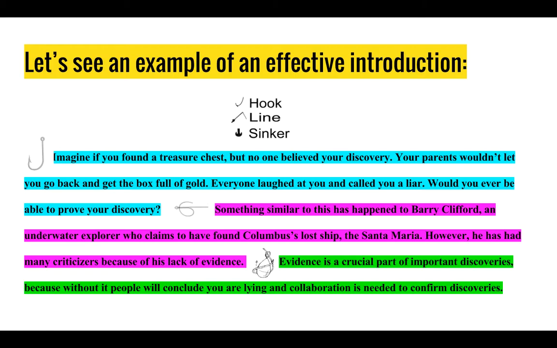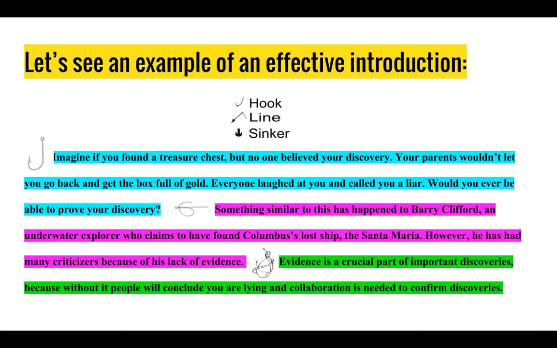We know something about Columbus's lost ship. And we also know that he maybe doesn't have enough evidence in his story for us to believe it. So we're getting a little more information about the topic here. And it looks like they got this information from the sources. So it's not quoted, right? But you can take some general information from your sources to include in your introduction, and that's fine. So here's our sinker.